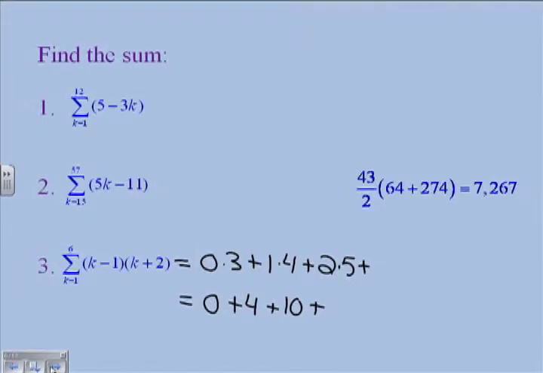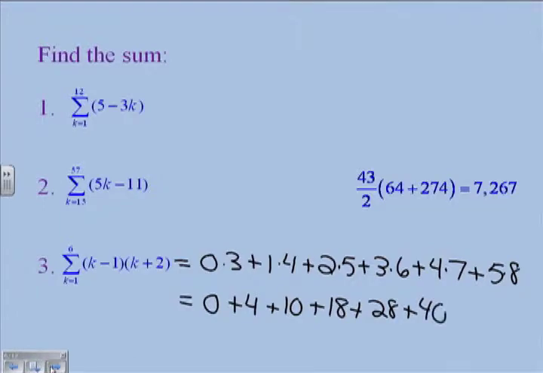Now I need where k is 4. That'd be 3 times 6, which is 18. And when k is 5, I would have 4 times 7, 28. And the last guy where k is 6, I have 5 times 7, I'm sorry, 5 times 8, and I get 40.